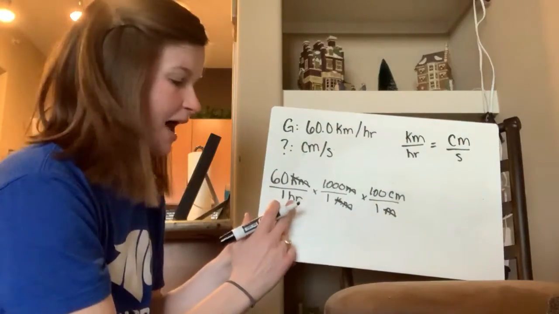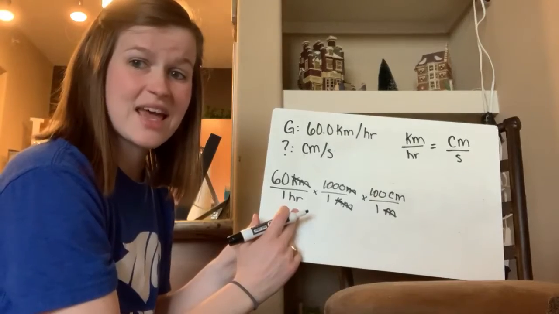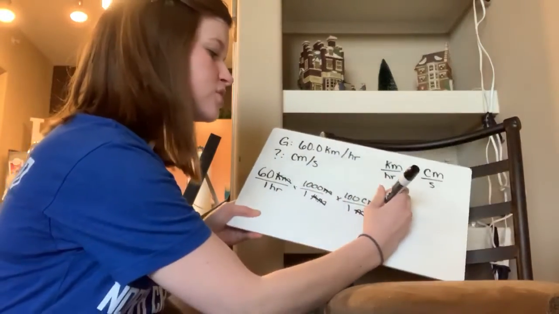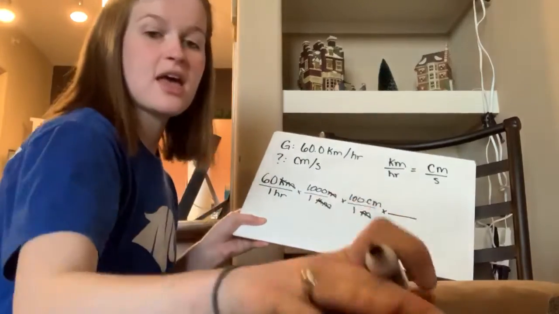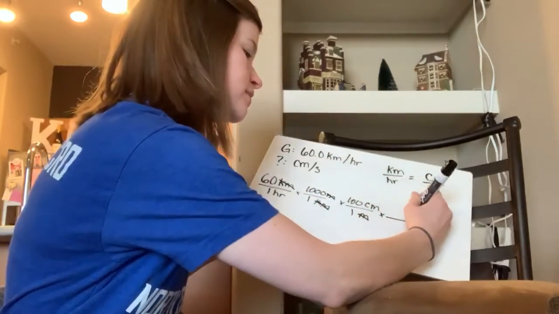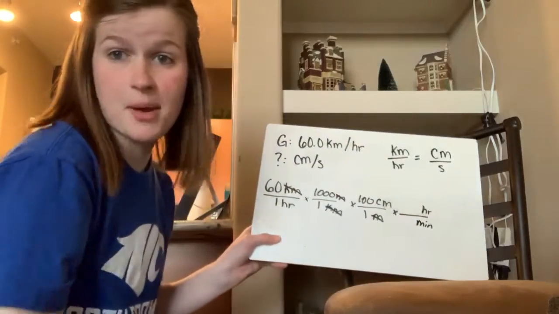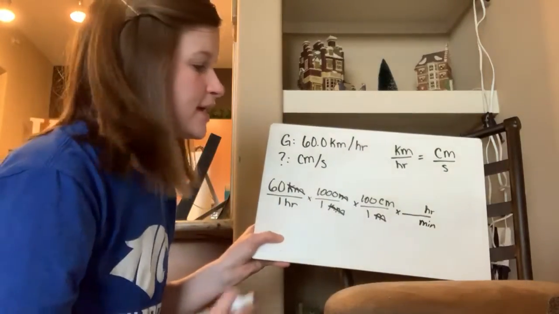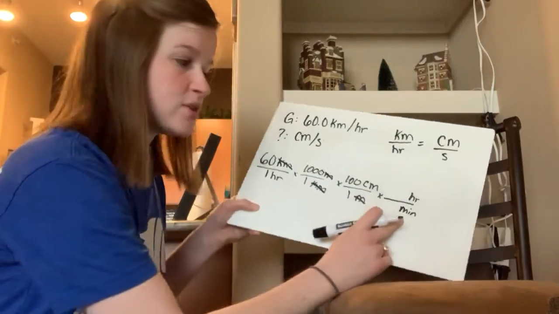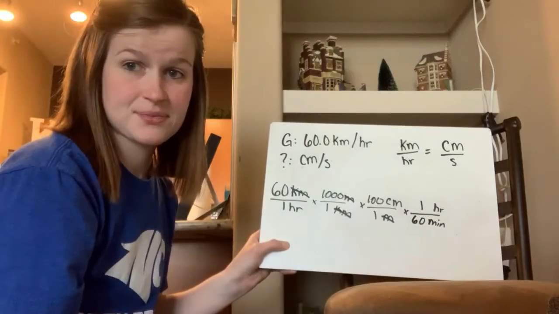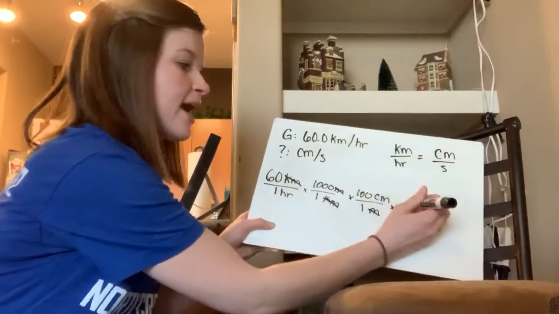We have to go all the way back here. Hours are on bottom. To get hours to cancel, I need hours on top. So when I'm multiplying by this fraction, I want hours up top, and I want minutes, because I'm going to go to minutes. That's how my brain works. I think it's a little easier. I want minutes on bottom. So remember, for every 1 hour, there are 60 minutes. Okay, so then hours cancel.